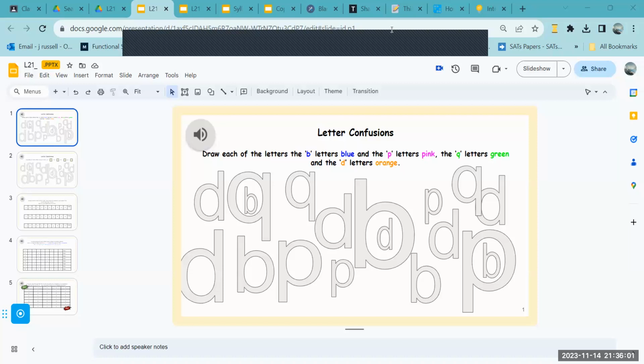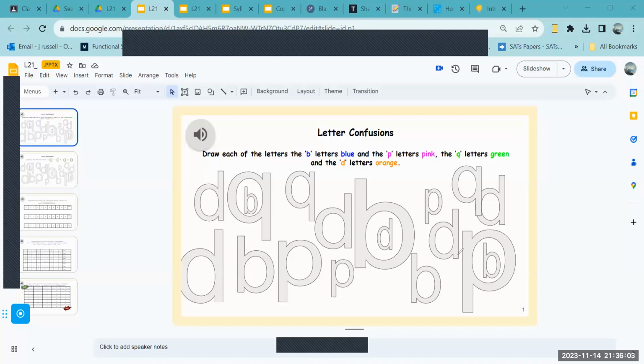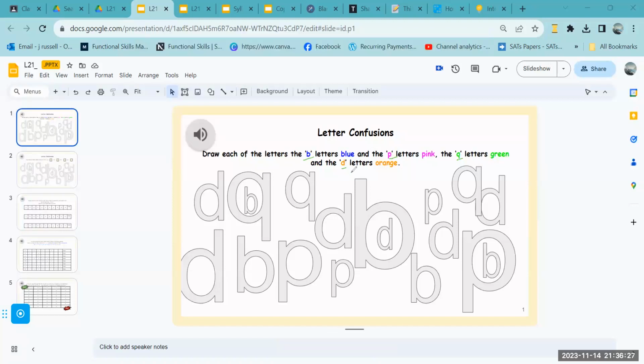So what we've got here on our first of 4 slides, you can see we've got letters of all different sizes, and they all look visually similar. So if this was an object in the 3D world, our brain would automatically recognize it for what it is. But reading, as we've just said, is a two-dimensional process. So what I'm going to ask you to do is make sure you've got a blue colour, pink, green, and orange.